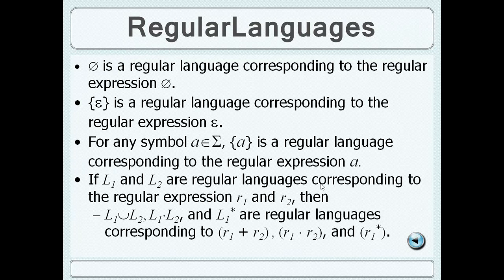If L1 and L2 are regular languages corresponding to the regular expressions R1 and R2, then L1 union L2, L1 concatenated to L2, and L1 star are regular languages corresponding to R1 plus R2, R1 concatenated to R2, and R1 star.